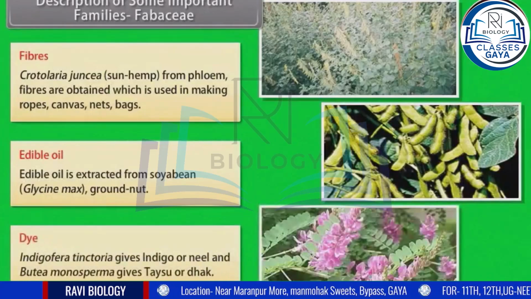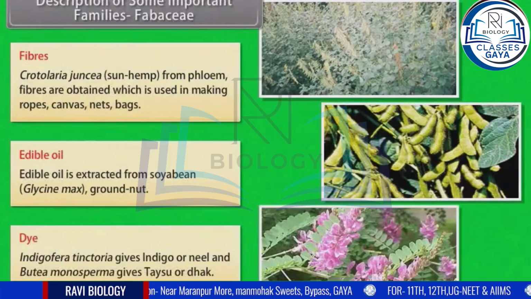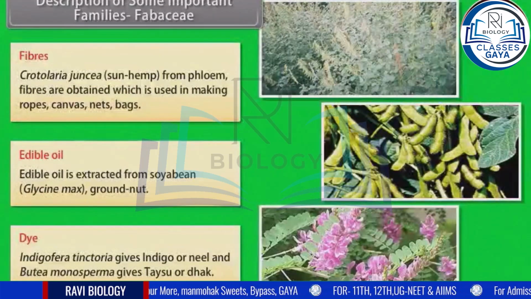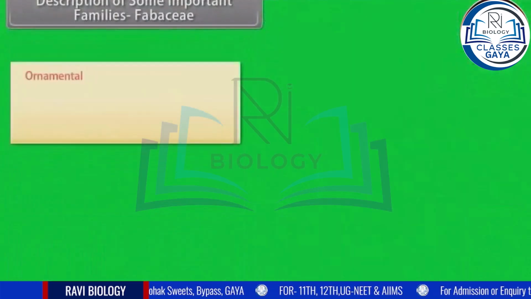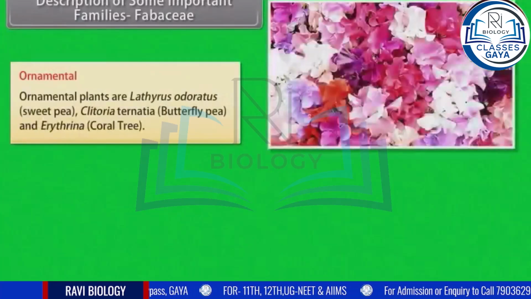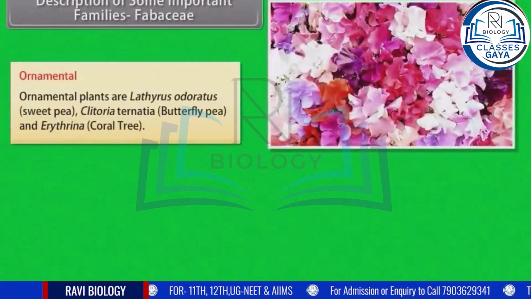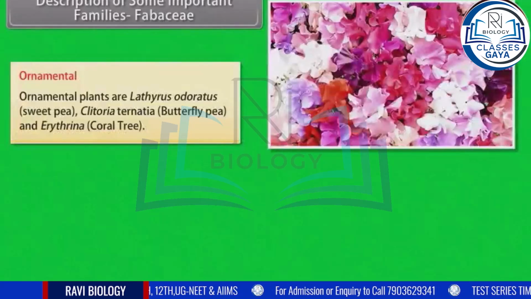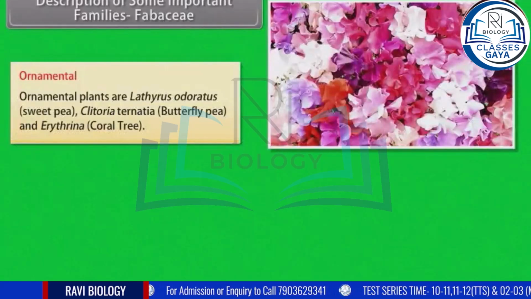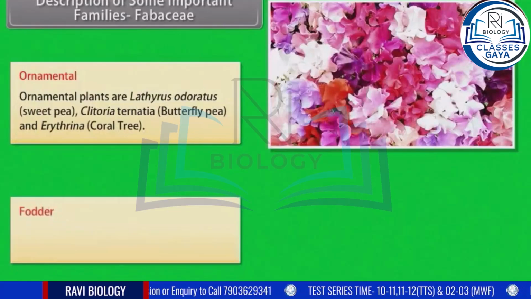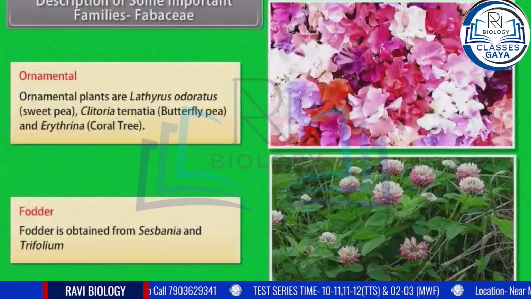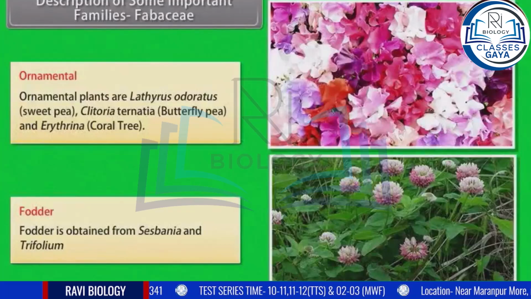Indigofera tinctoria gives indigo or neel, and Butea monosperma gives tesu or dark dye. Ornamental. Ornamental plants are Lathyrus odoratus, sweet pea, Clitoria ternatea, butterfly pea, and Erythrina, coral tree. Fodder. Fodder is obtained from Sesbania and Trifolium.